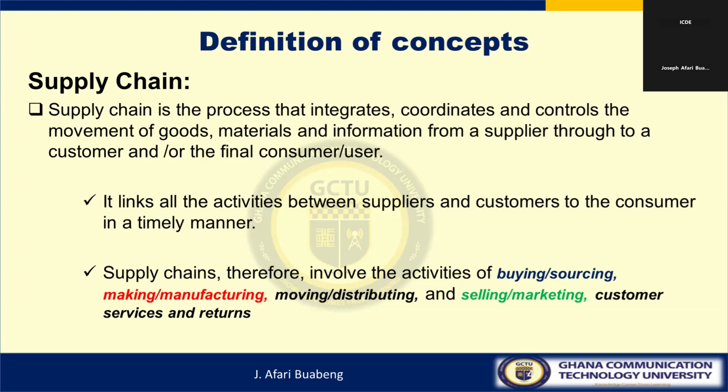So when you hear supply chain, it's just a process, and that process tries to integrate, coordinate, and control the movement of goods, not only goods, movement of information, movement of resources, could be money, could be any related resource, from a supplier to a customer and or to the final consumer or user.